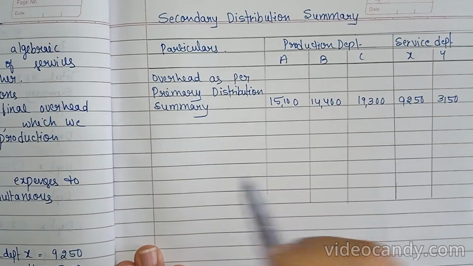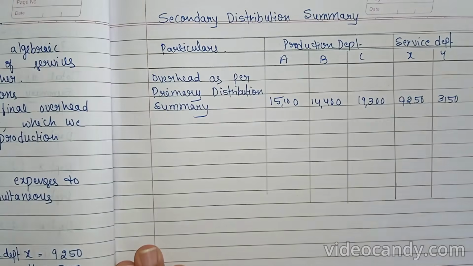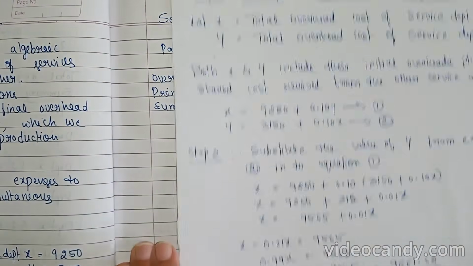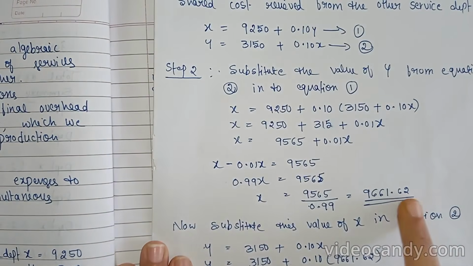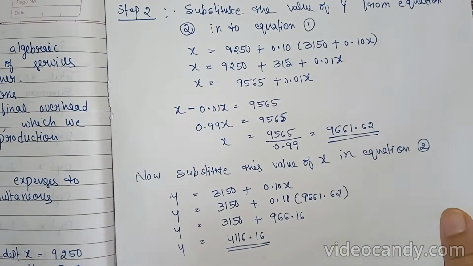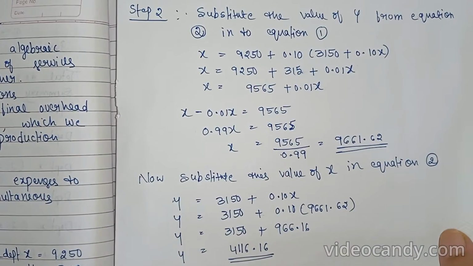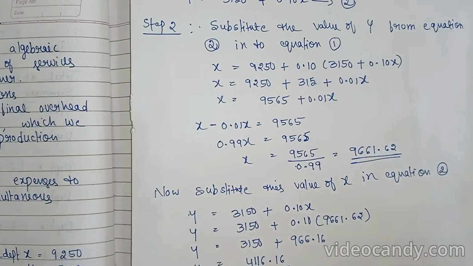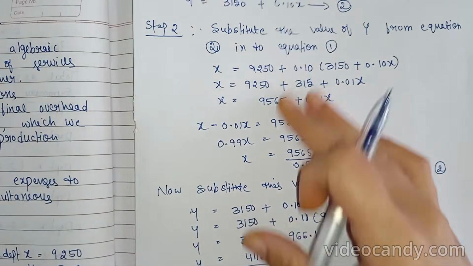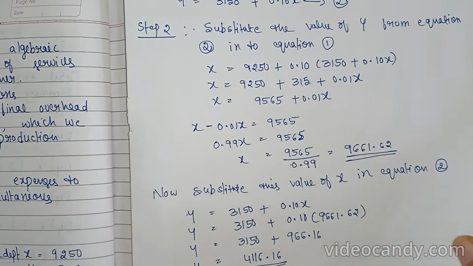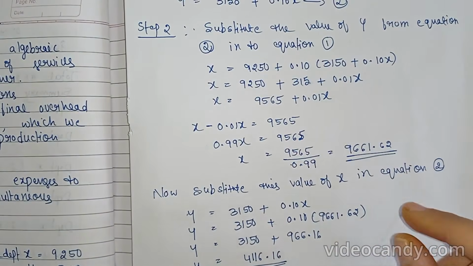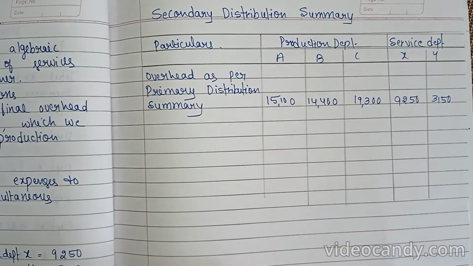Now we know the value, means overhead cost of service department X and Y. Right? Just now we have calculated. First we set up the simultaneous equations and we solve the equations, and now we need to apportion the overhead cost of these service departments to the production departments, right?